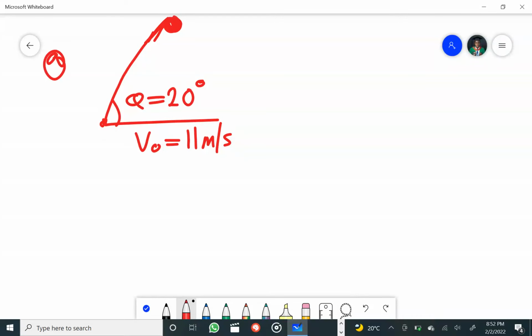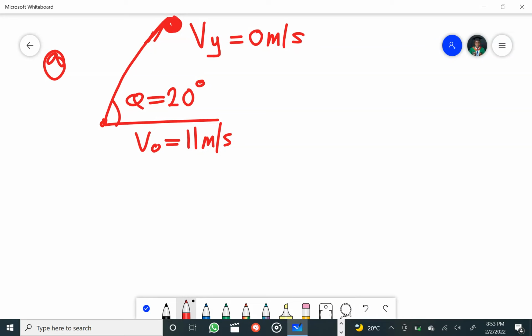Now here is what's interesting. What do you know about the highest point? You know that at the highest point, the velocity in the vertical is going to be 0. Does that make sense?